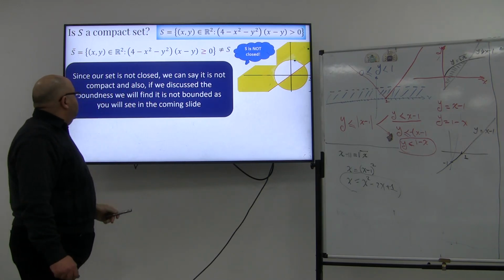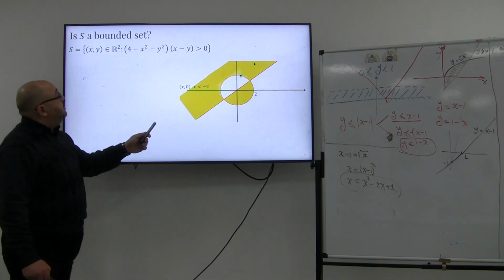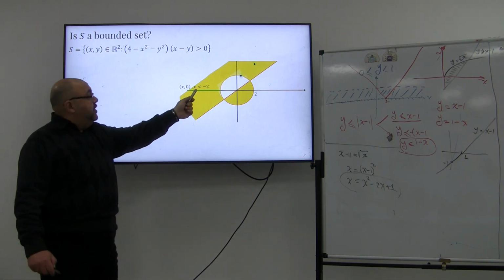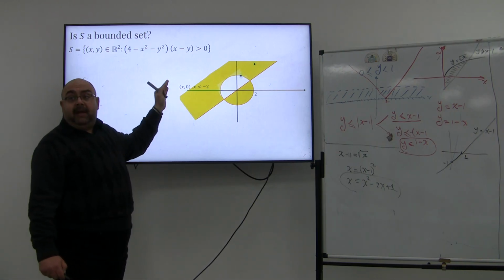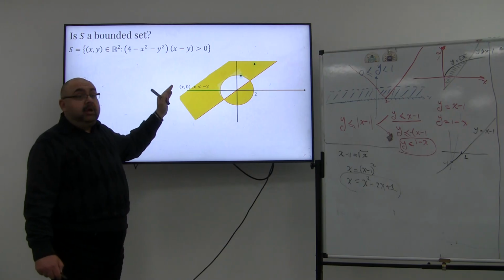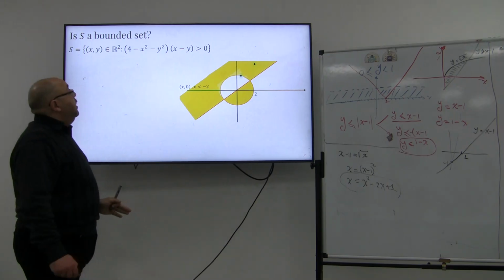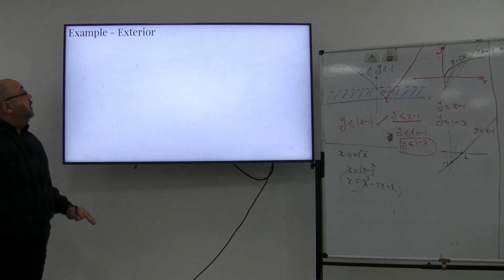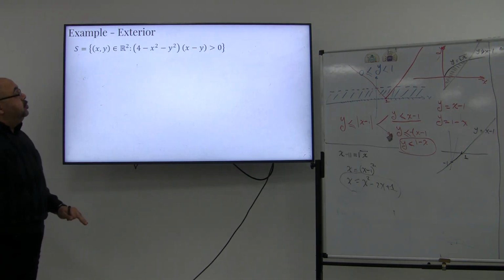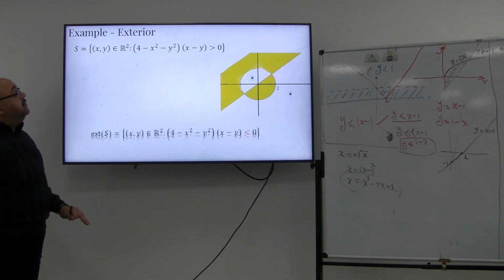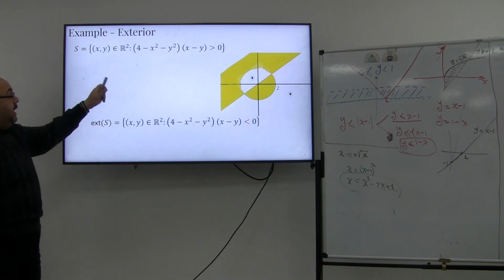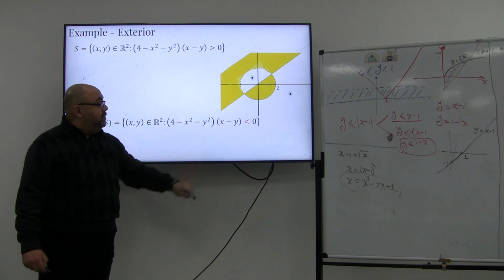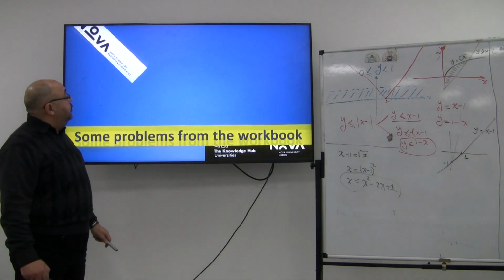Also, if we discuss the boundaries, you will see here that if you have x less than -2, all of this exists, right? So it's not bounded, so it's also not a compact set. And I wrote you the condition. Examples of exterior points will reverse the sign: instead of greater than, let it be less than, which stands for the points of the exterior.